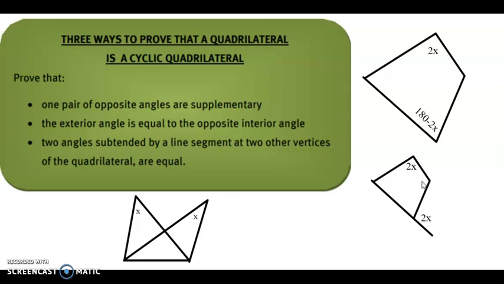Then you have proven that this is a cyclic quad. If you can prove that a line segment subtends two equal angles, then these four vertices lie on a circle. Remember, a chord or arc subtends equal angles.